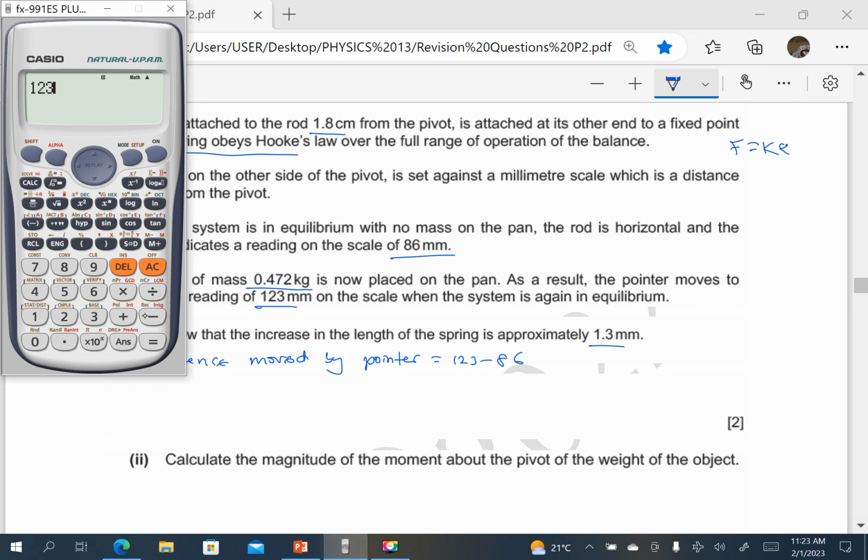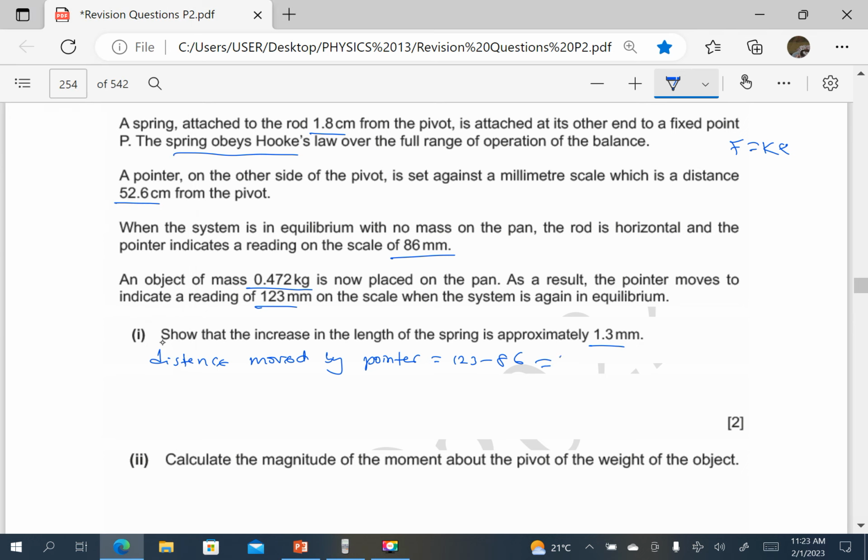So 123 minus 86, that is 37 millimeters. So we have seen from above that when we use trigonometry, because the angle is the same, tan theta could be 37 over 52.6, which is the same as the extension of the spring divided by 1.8 centimeters, which is the adjacent.